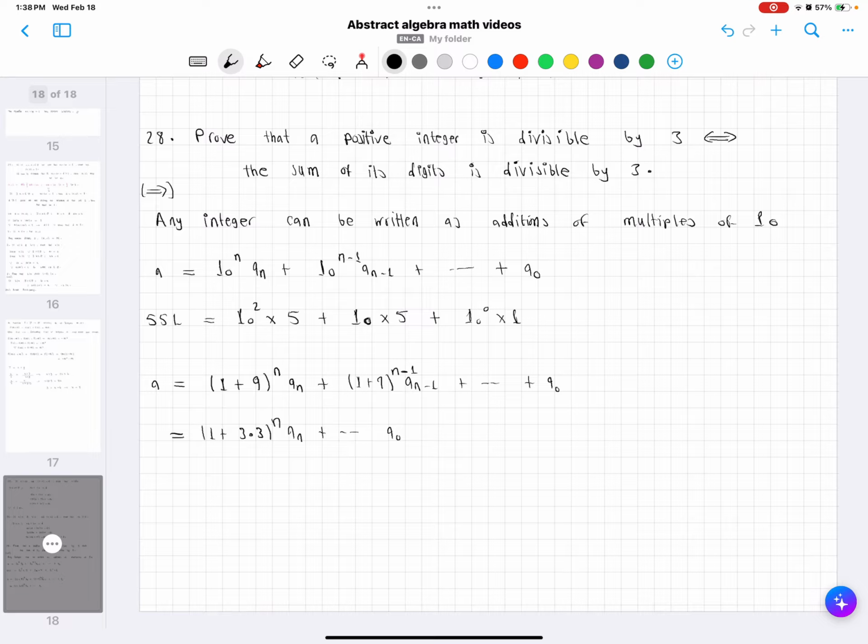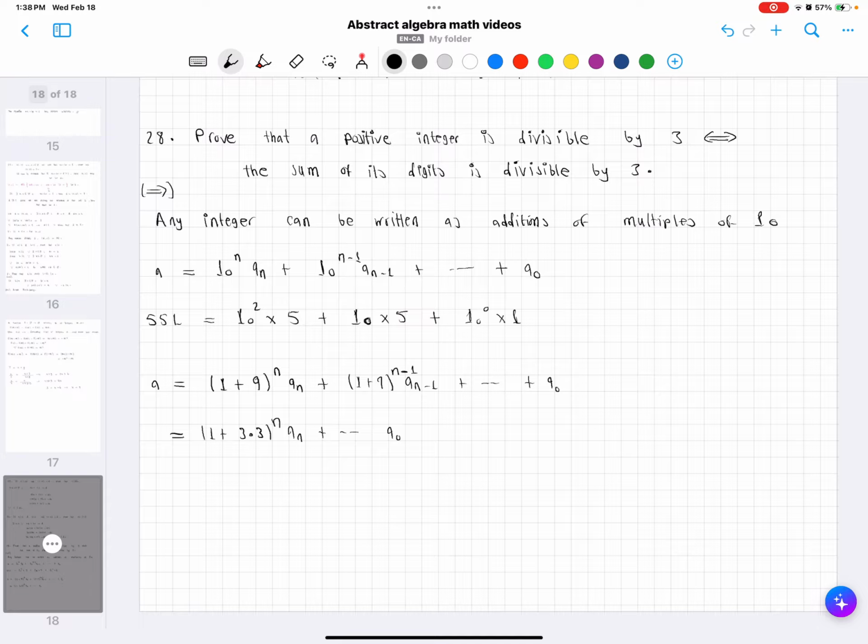So you have 1 plus a multiple of 3, and all of that raised to the power of n. So then once we expand that out, you will get the terms a_n all the way.